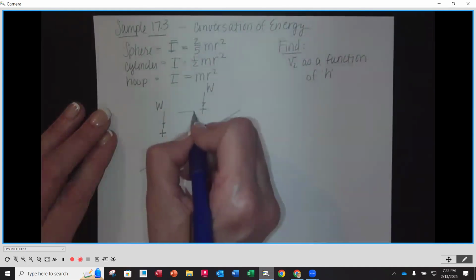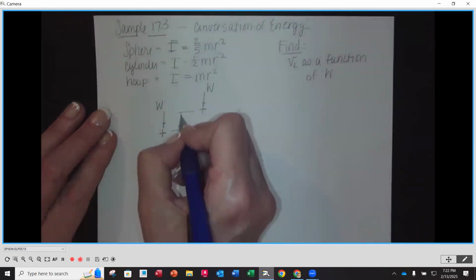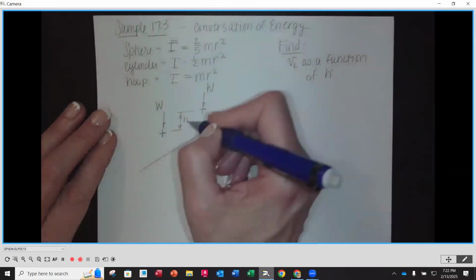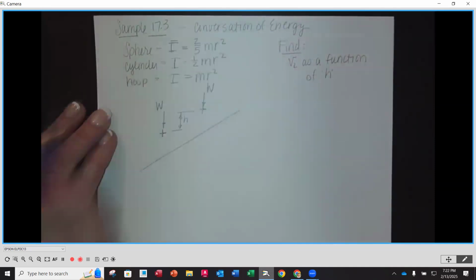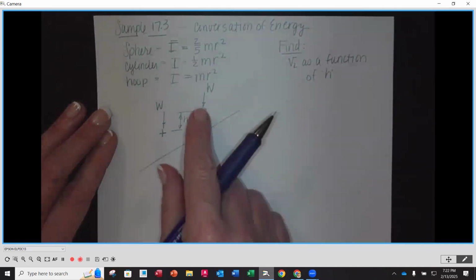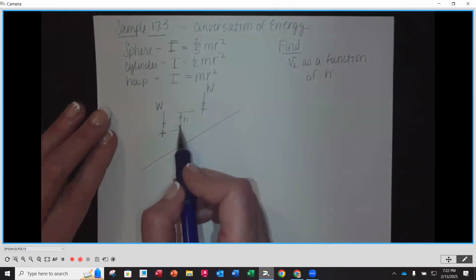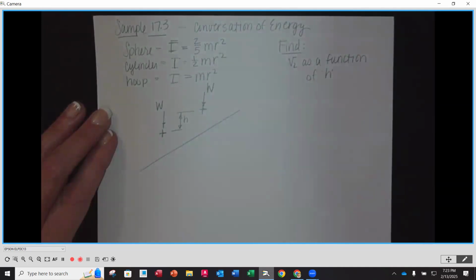And then this difference is going to be our height. So as we look at work done, this would be the force through the distance. As we look at potential energy, we're going to find the mass, multiply it by gravity, which is the weight, and then multiply it by the height. So it's another form of gravitational potential energy.